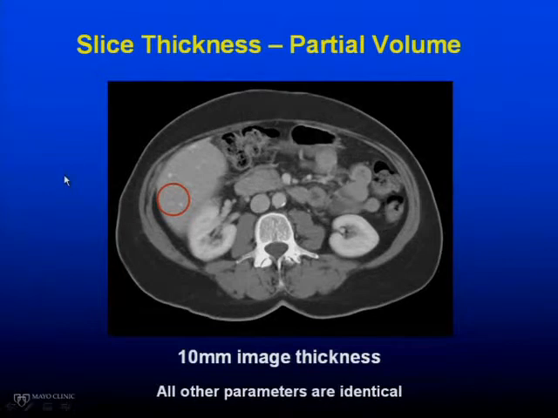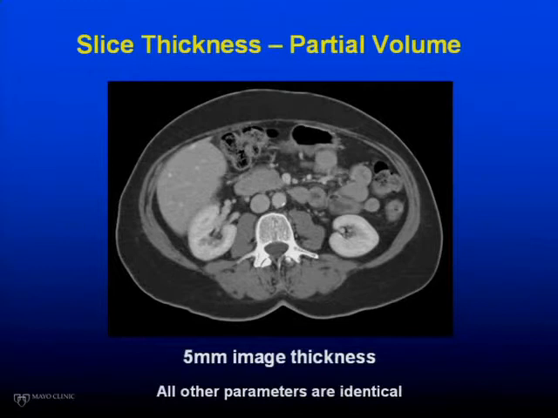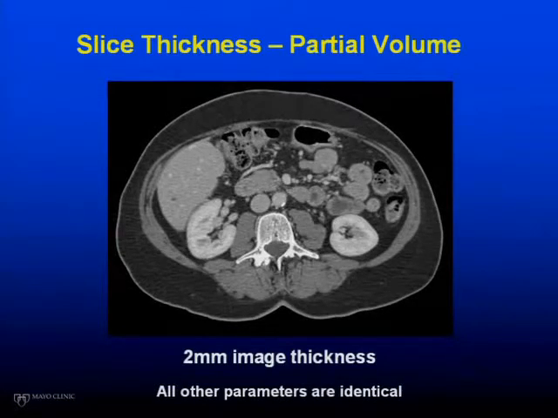This is mainly because of the much thicker slice thickness, and the volume averaging makes this lesion appear very low contrast. And then if we reduce the slice thickness to 5 millimeter, it's a little bit better, but still very subtle. And reduce to 2 millimeter.